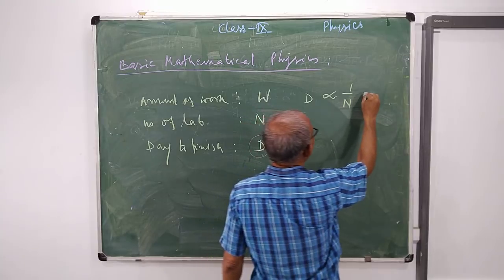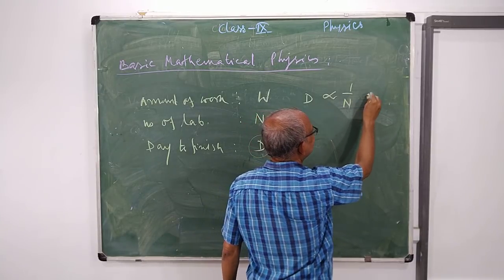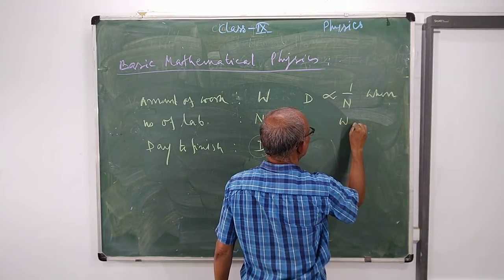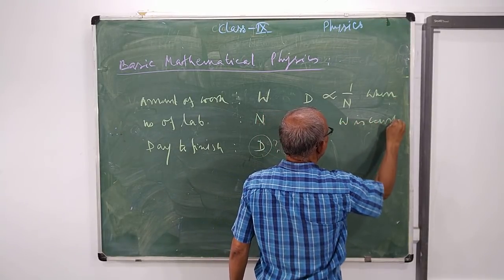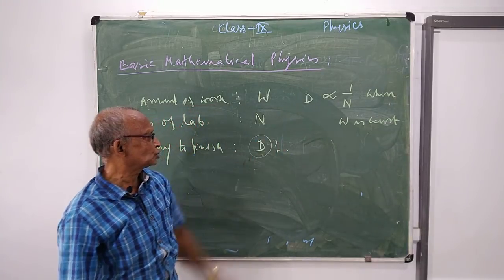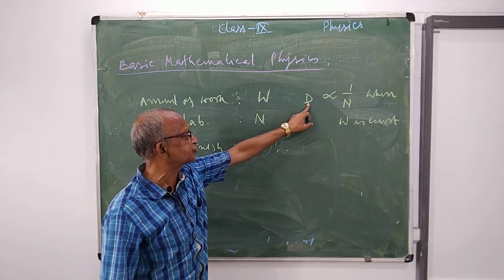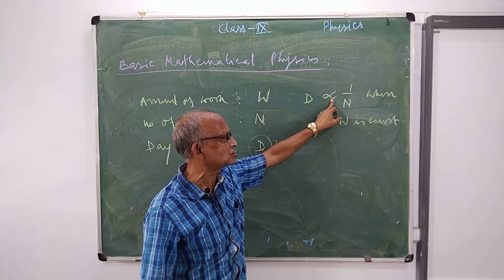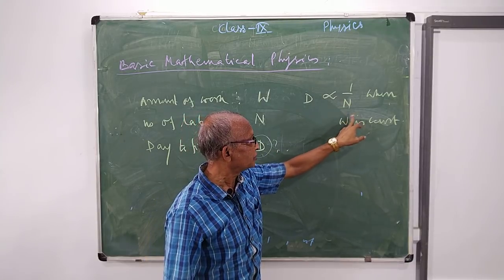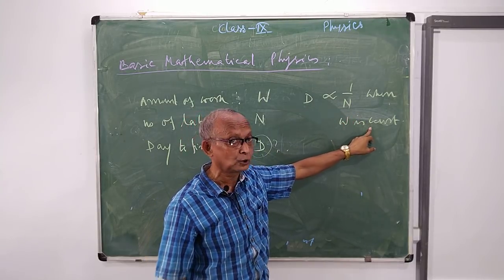So as is seen earlier, 1 by N. Now a very important statement is here, when W is constant. Check the statement very carefully. The number of days to finish your work is inversely proportional to the number of labors when W is constant.